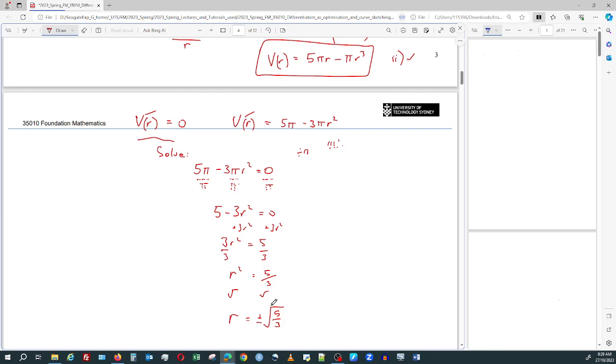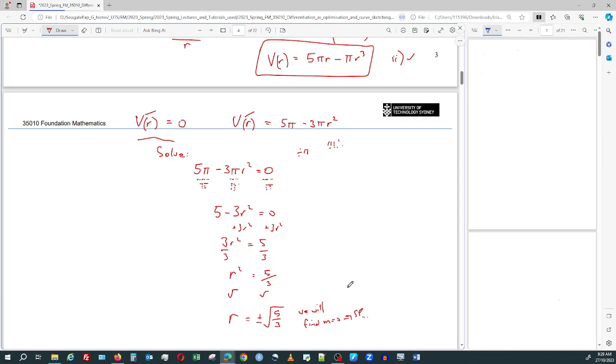So at those 2 points, we will find m equals 0, which are stationary points. Now, whether they're turning points or what have you, we'd have to check for that.